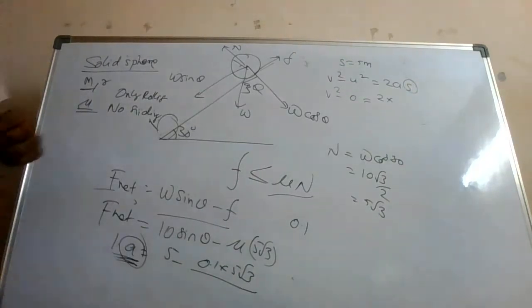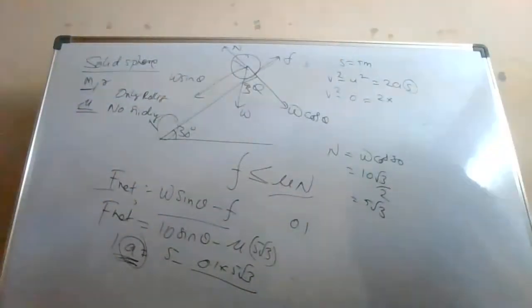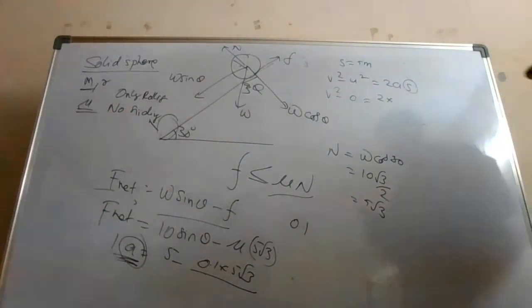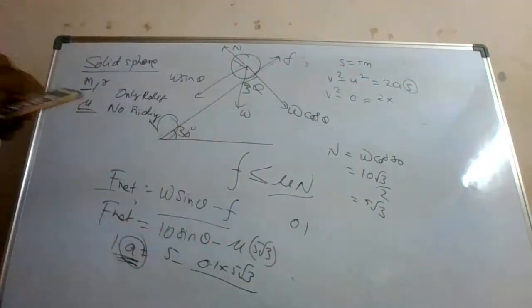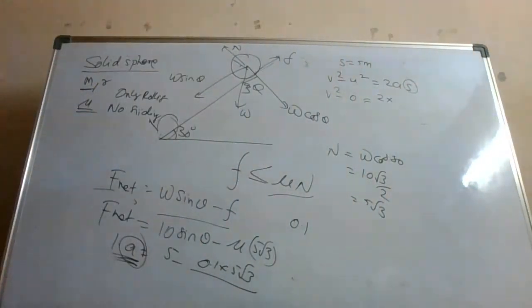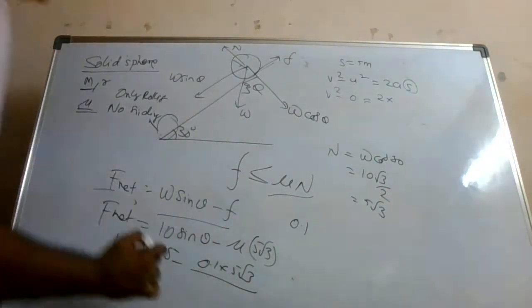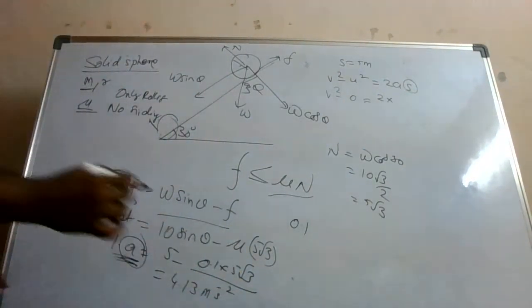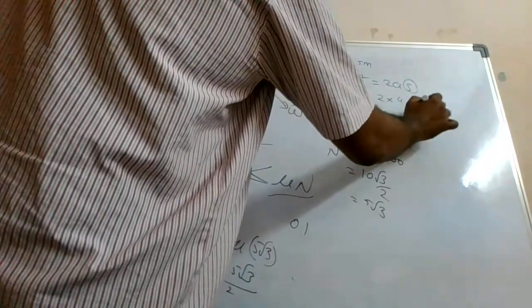Let me just make the calculation. It is 4.13. Okay, this value we get as 4.13 meters per second squared. This is 4.13. This is 5.